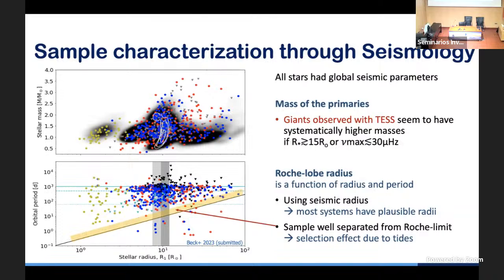That could be the effect of tides. Because if you have close interaction, tides are inducing activity, and this activity is suppressing oscillations. So we see this gap here as an indicator that these are actual systems we can believe in.